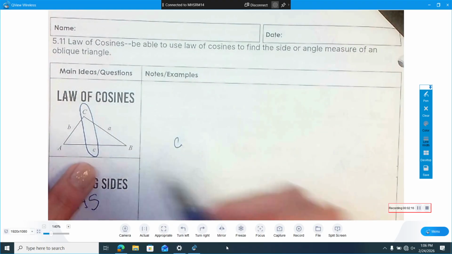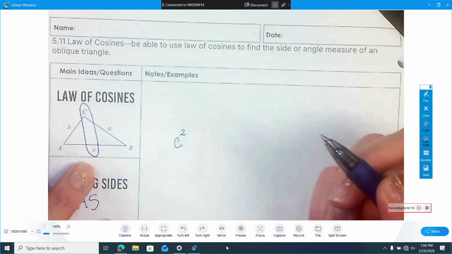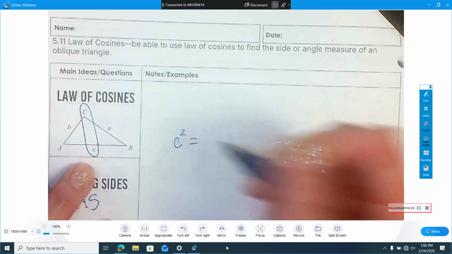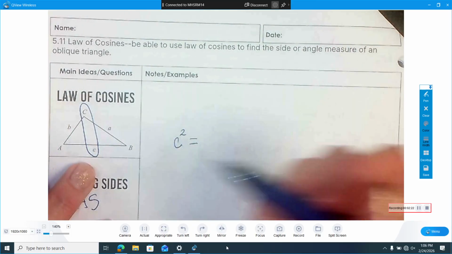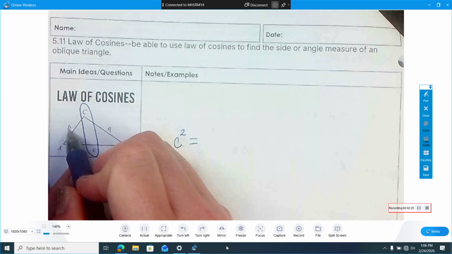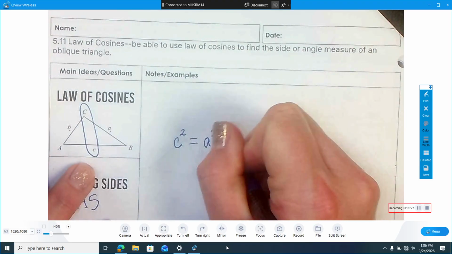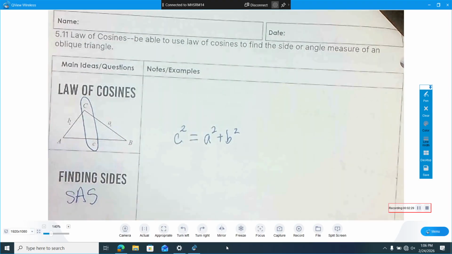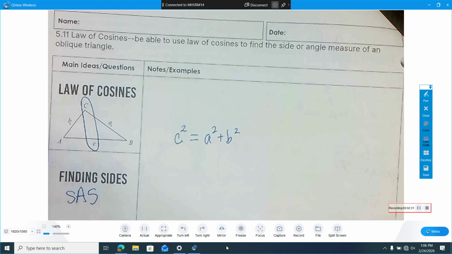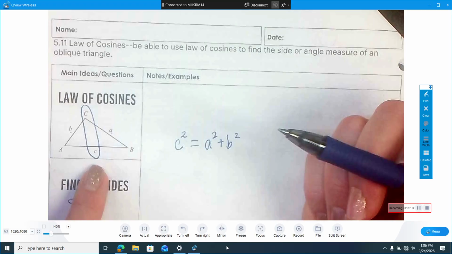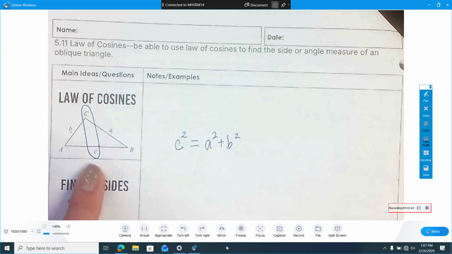The formula is little c squared is equal to a squared plus b squared. What does that remind you of? The Pythagorean theorem, absolutely. So it starts off like the Pythagorean theorem, minus, but there's extra stuff here.